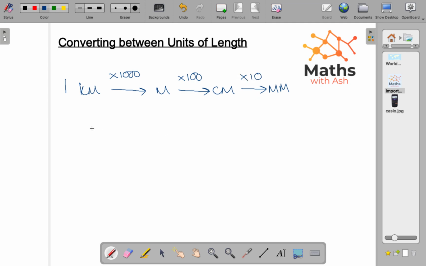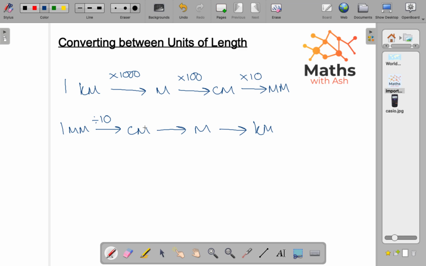Now if we go the opposite way, we start with 1 millimeter, and we go to centimeters, then meters, then kilometers. We've gone in the reverse order. To go from millimeters to centimeters, we divide by 10, because 1 millimeter is a tenth of a centimeter.